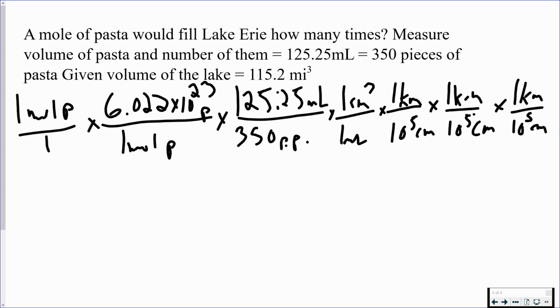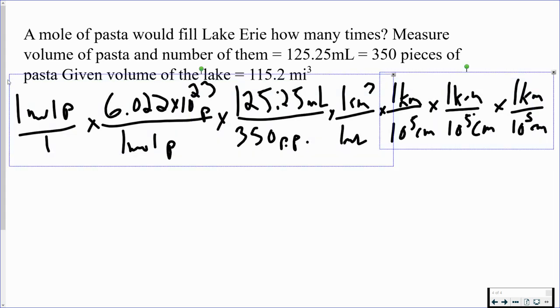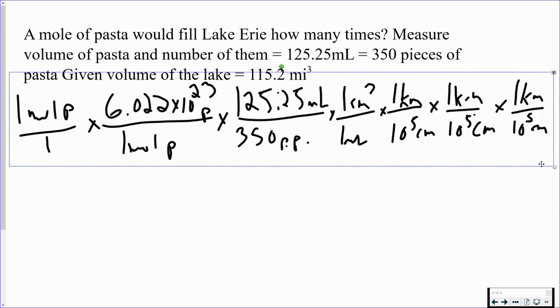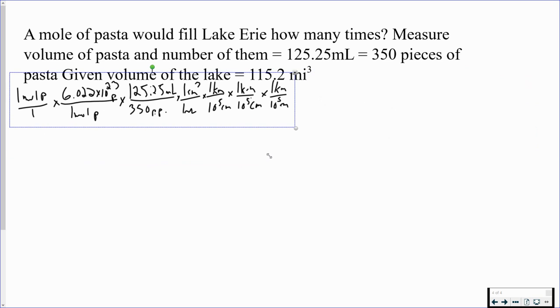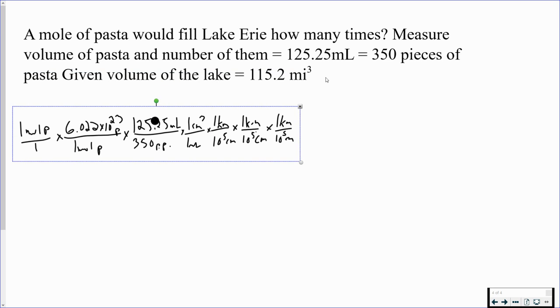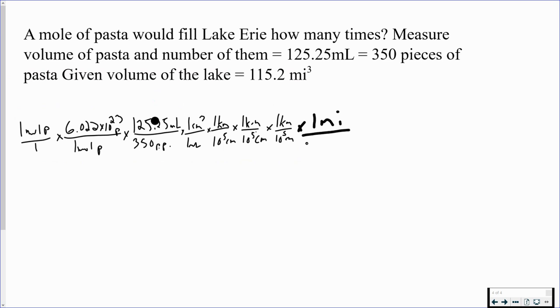Now that we have that done 3 times, we need to do it again 3 times, but this time we're going to miles. So it will be 1 mile over 1.61 kilometers. That's 3 times.